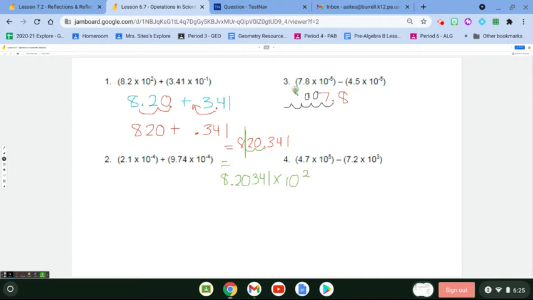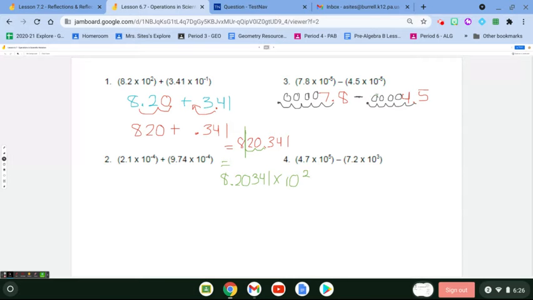So I really have 0.000078 minus 4.5 times 10 to the negative fifth. So again, 1, 2, 3, 4, 5 places, so 0.000045.